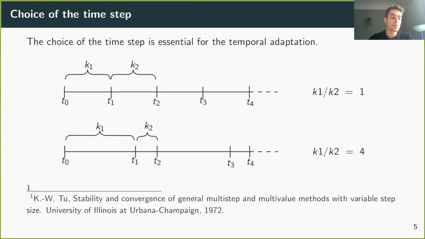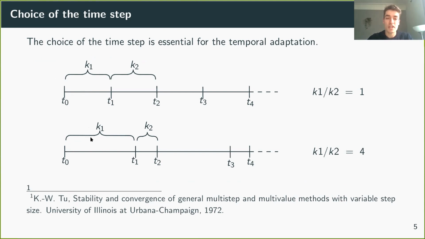After, it's also important to focus on the time step. We based our simulation on the procedure developed by a previous work, because it showed that if our method is stable for constant time step like that, we also have to prove that it's still stable when we change the time step.